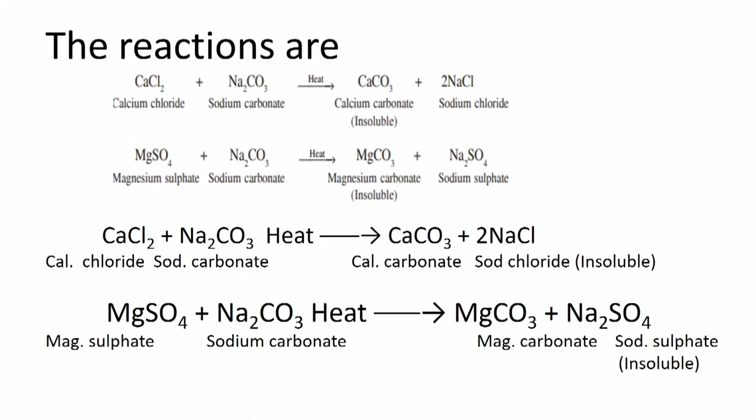When we heat it, calcium carbonate and sodium chloride are formed. Same with magnesium sulfate: adding sodium carbonate gives magnesium carbonate and sodium sulfate. The insoluble precipitate settles down and can be removed by decantation.